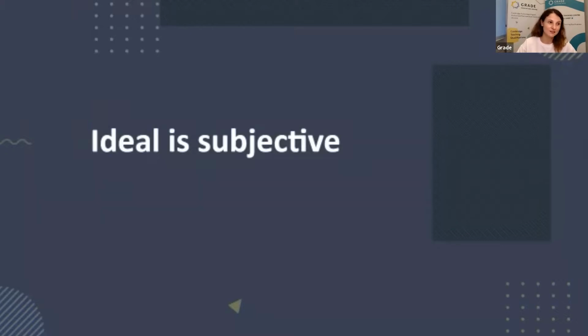The first statement I'd like to begin with is that an ideal learner and generally looking for ideals can be quite subjective. When we say an ideal learner, we might be looking for a student with a certain set or a number of characteristics that we as teachers want to see in them. However, if we ask our students, they might have a very different concept of what an ideal learner is. And I even tried and experimented that with my students.